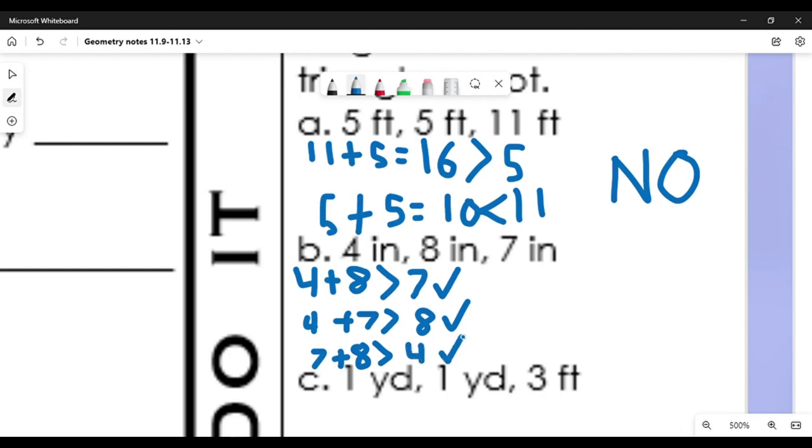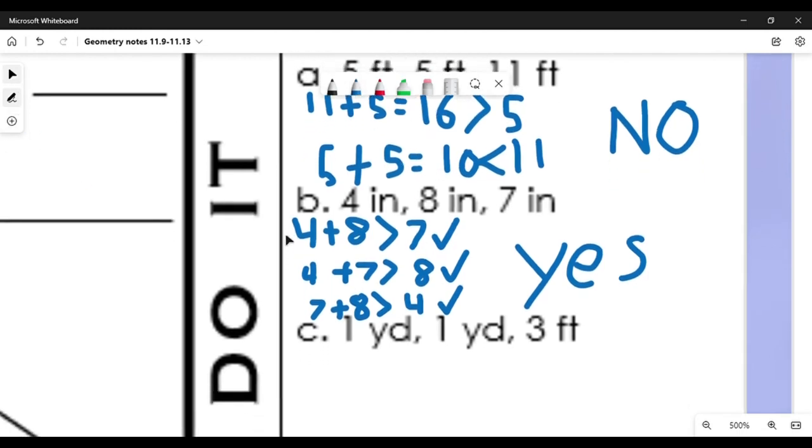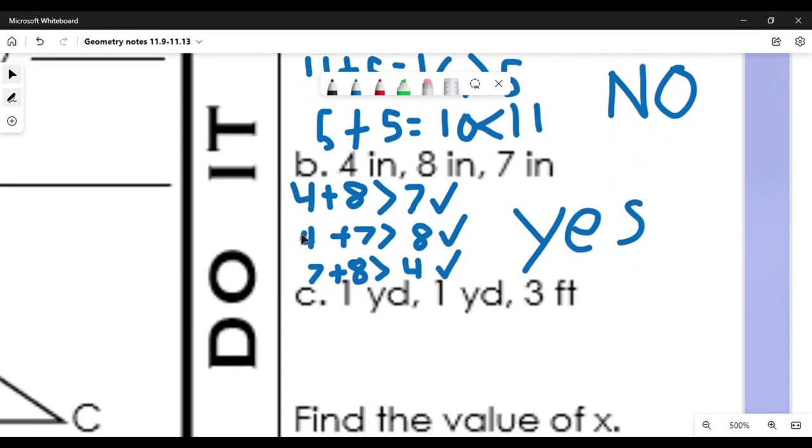Absolutely, because both of those are already greater than 4. So if all three of those checked out, our answer for this will be yes. Make sure that you're checking all the sides here. The first one was a little easy because two of the sides matched up, so we just had to add it with the other one, and we only had two trials to do. The second one, we had three sets of trials to go through. So we've got to make sure that we go through and get this next one in.